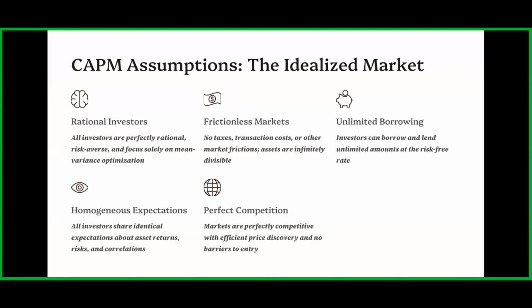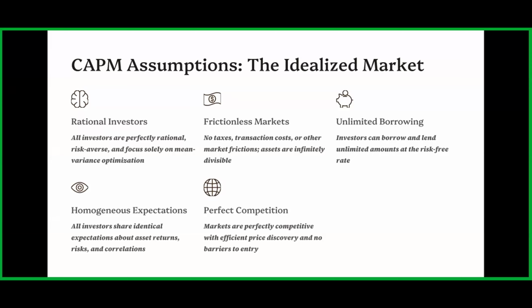We do not consider all this, but actually these parameters have some impact on the expected returns. Next, unlimited borrowing: the investor can borrow and lend an unlimited amount at the risk free rate. Okay, this is an ideal assumption. This is not the actual situation. The investors cannot always have unlimited amounts with them. So these are the assumptions we are taking in the CAPM model.